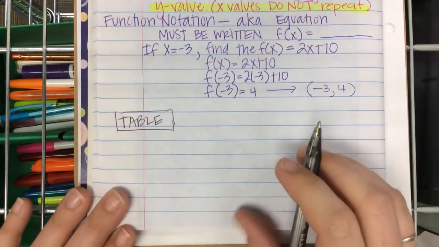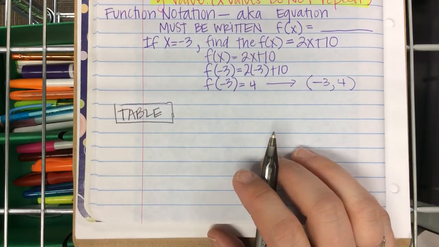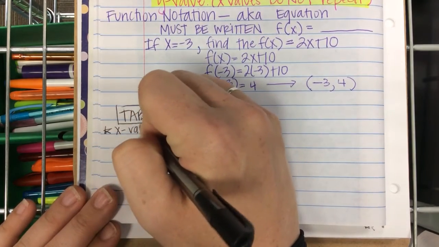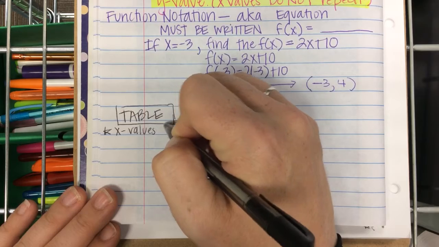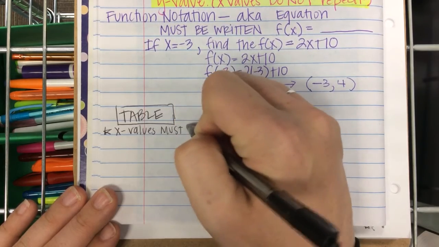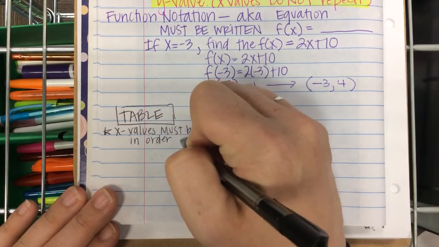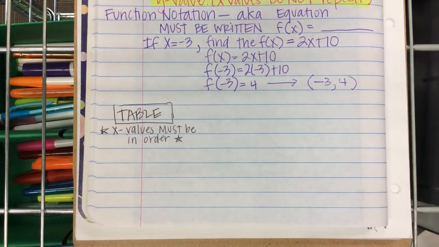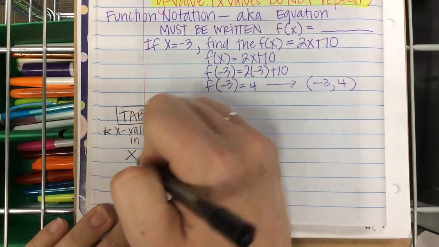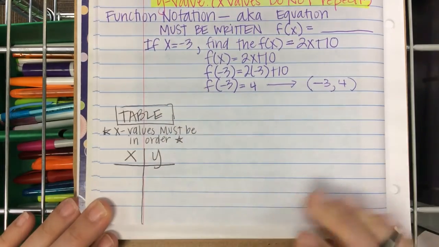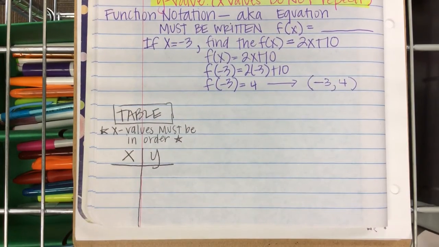And when making a table out of a relation or a function, your x values must be in order. When you're creating a table, your x values must be in order.